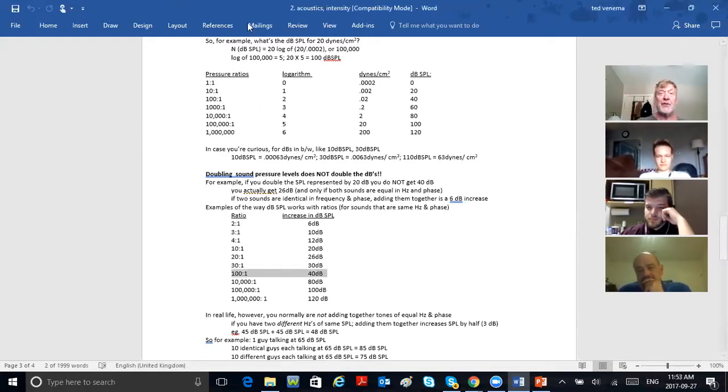Let me give you another example. You have a machine in the corner of a room, and the machine's making 80 decibel sound pressure level. And then you take the second machine and you put it in the other corner of the room, and it's making 80 decibels SPL.